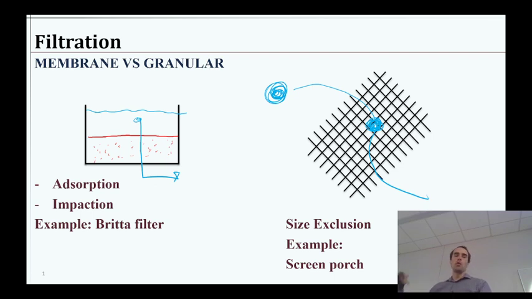We'll talk more about membranes in a few lectures after the exam. But essentially, we have size exclusion on the one hand, and then we have this granular media, which can do size exclusion, but we're not really expecting that to be the primary thing. If the particles were that large that they couldn't fit through sand, then they probably were sedimented out. They probably would have been removed just by sedimentation alone.